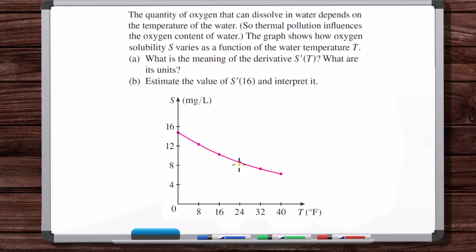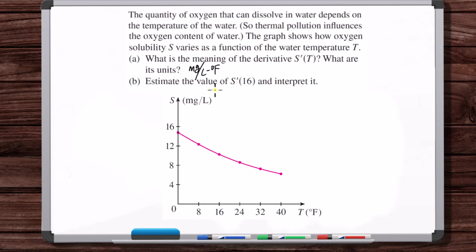Or for the slightest decrease, either way. And the units are going to be milligrams per liter per degree Fahrenheit. Because if you increase the temperature a little bit, like by a degree Fahrenheit, what's that going to do to the solubility in milligrams per liter?